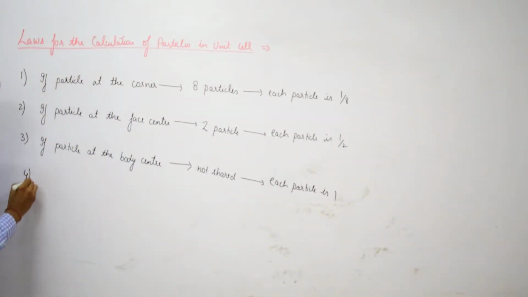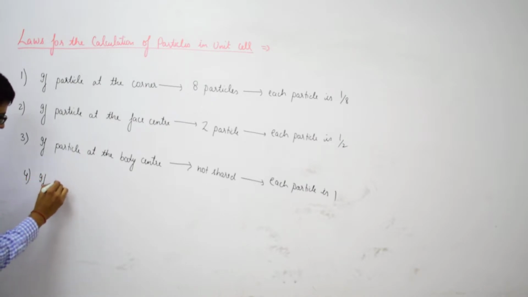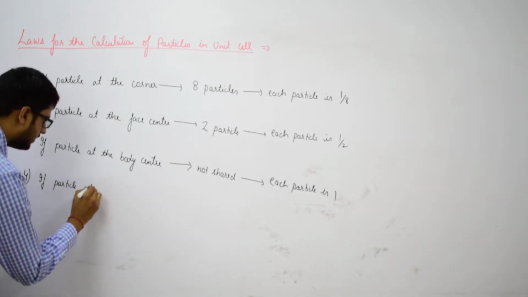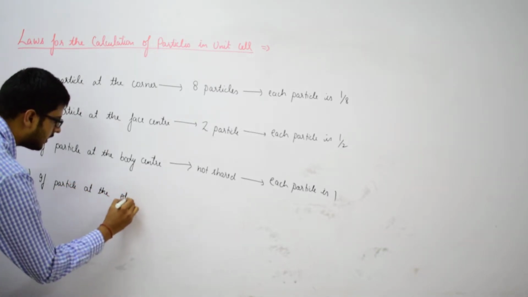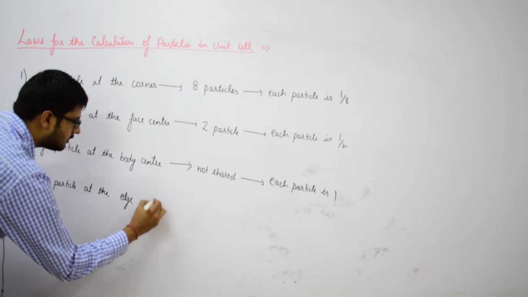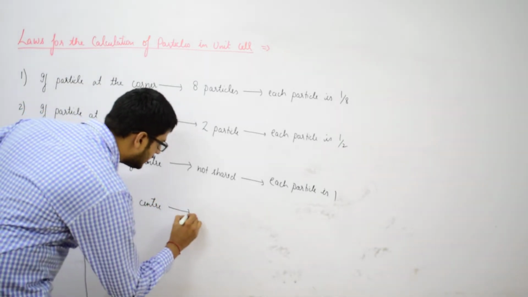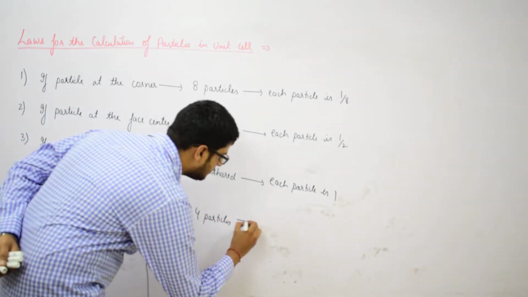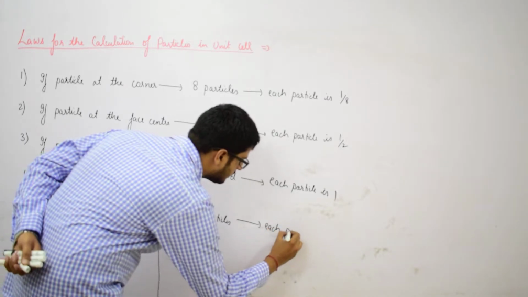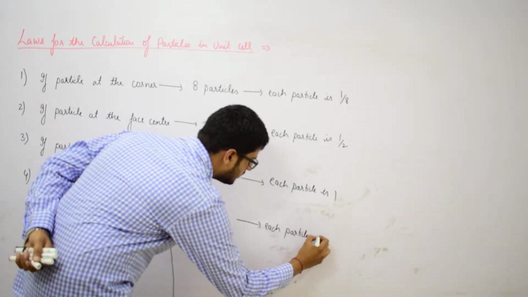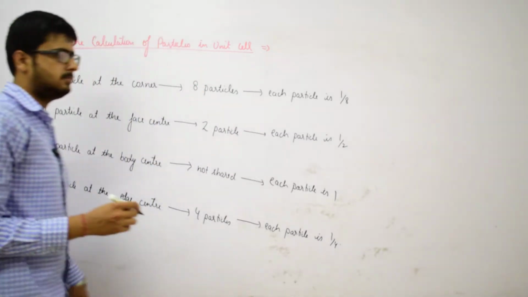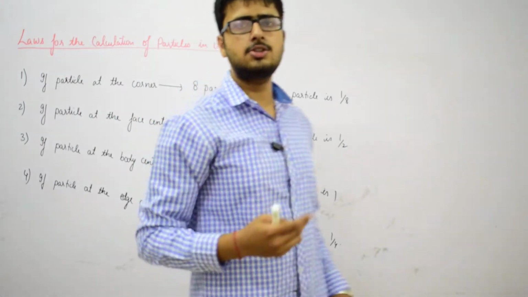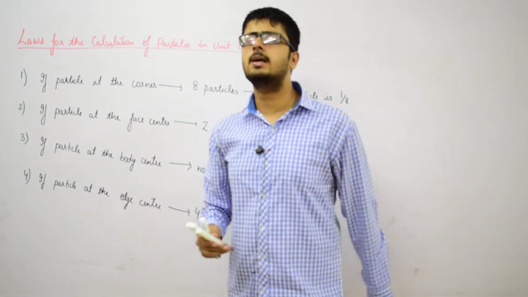And fourth point is, if particle is present at the edge center or end center, it can be said any one of the 2, then it is shared by 4 particles, and hence the contribution of each particle is 1 by 4. So, these are some of the laws or rules which is used for the calculation of number of particles in a given type of unit cell.